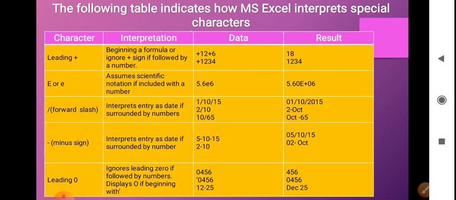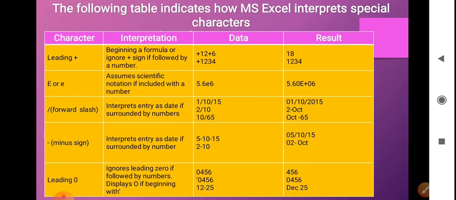If the column is narrow, then a hash sign will appear in place of numbers. That means if your answer is 25,000 or any number, but the column is not wide enough, then the hash sign will come.